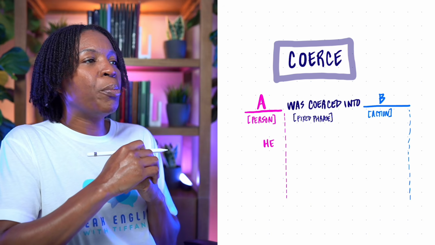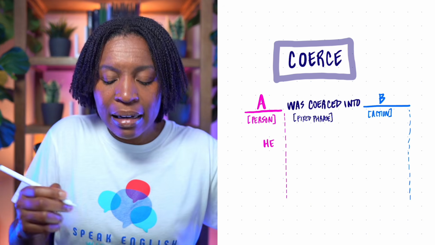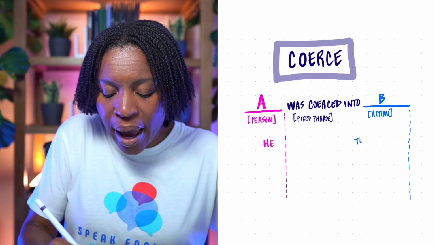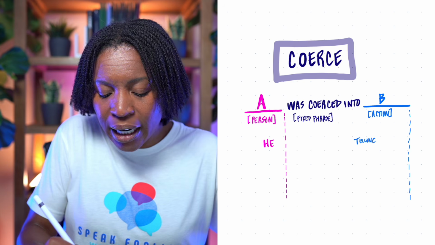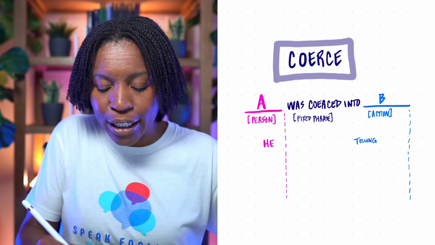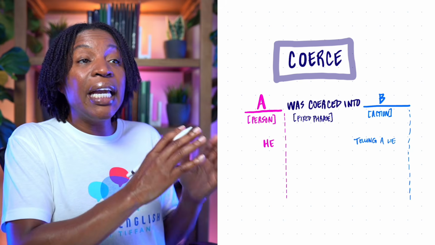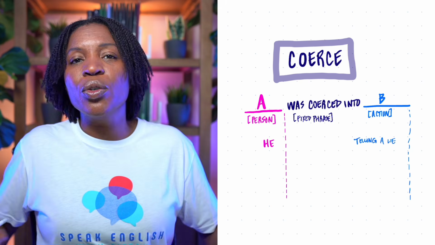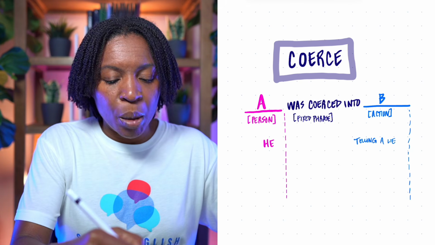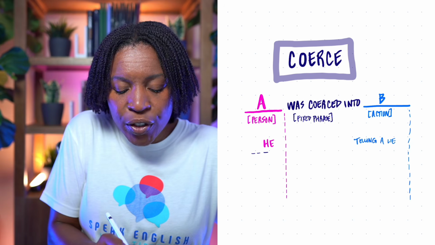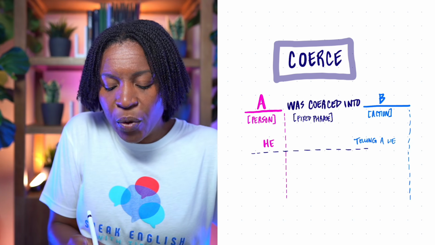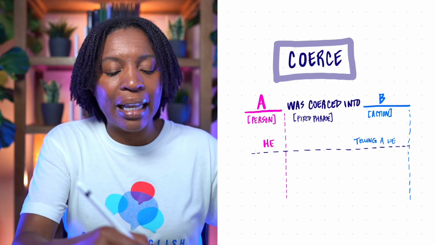Letter B. Our first letter B is telling a lie. Remember, coercing someone into doing something they don't want to do. He didn't want to tell a lie, but he was coerced into telling a lie. Makes sense, right? So we have our first example sentence. He was coerced into telling a lie.